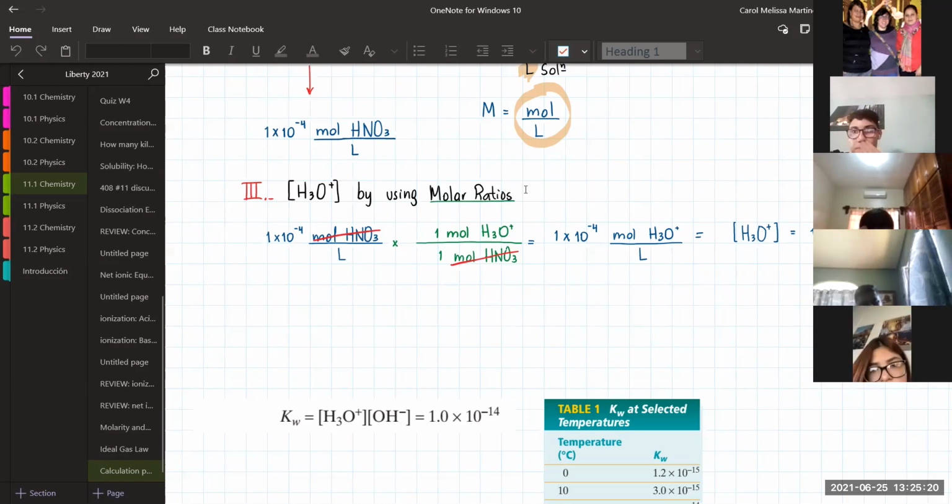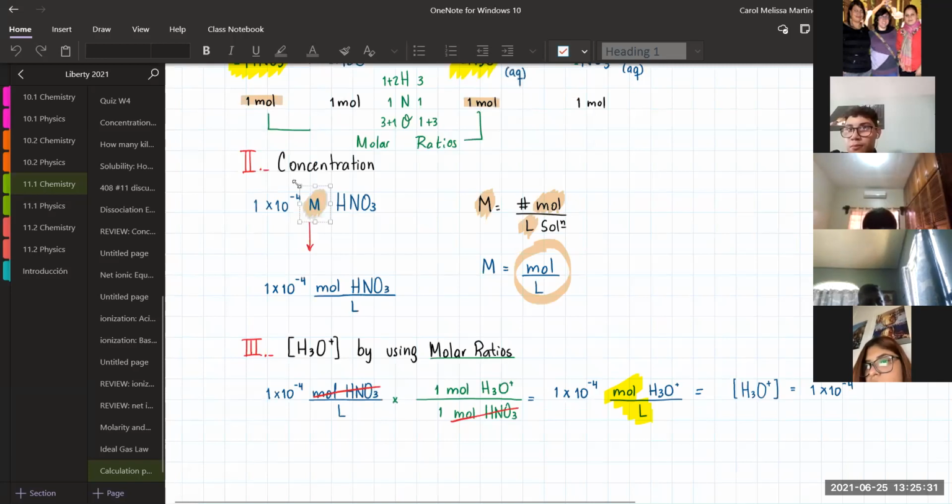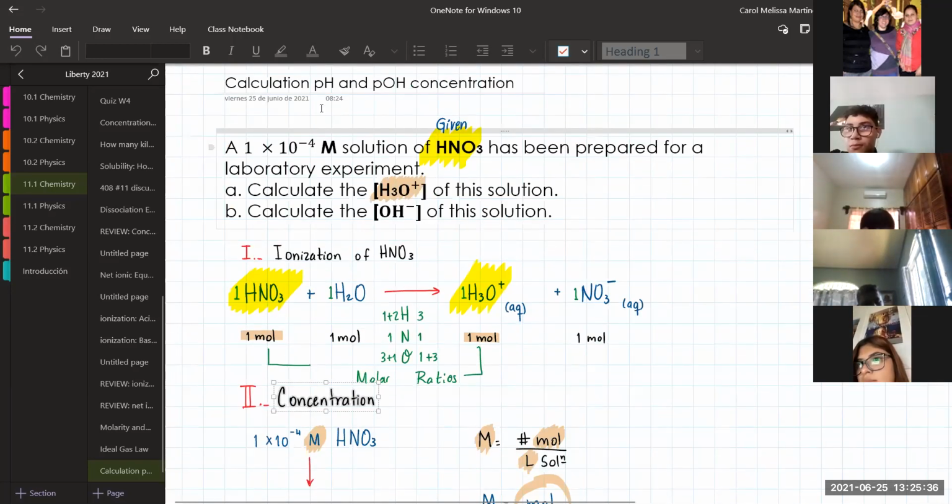Again, I repeat, because these are moles per liter, we are talking about molar. Molar indicates concentration. Remember this. Molar indicates concentration. And the problem is asking me about the concentration of hydronium ions.